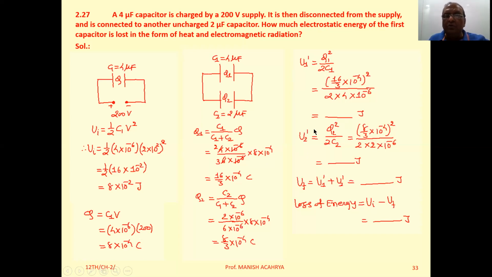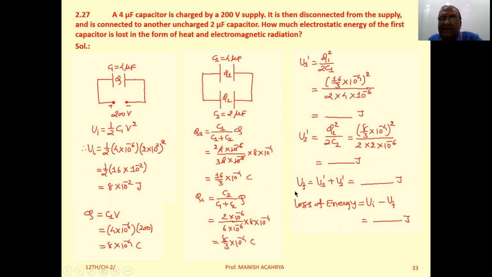Then energy stored in capacitor C2, so U2 dash is equal to Q2 square upon 2C2. Q2 we calculated 8 by 3 into 10 raised to minus 4, take square of it, upon 2C2, so 2C2 is 2 into 10 raised to minus 6. Solve this one. You will get U2 dash, the energy stored in the second capacitor.